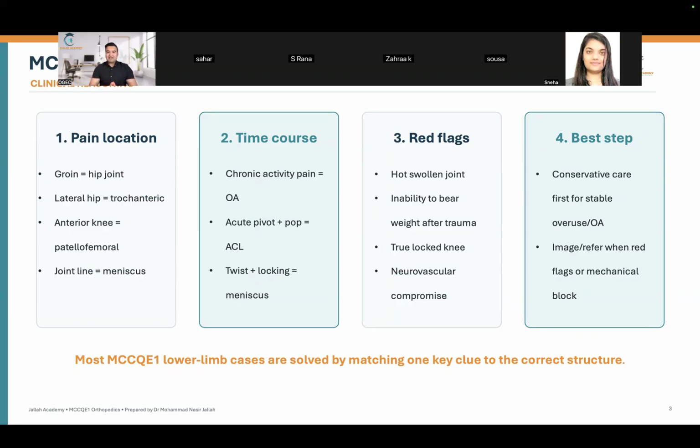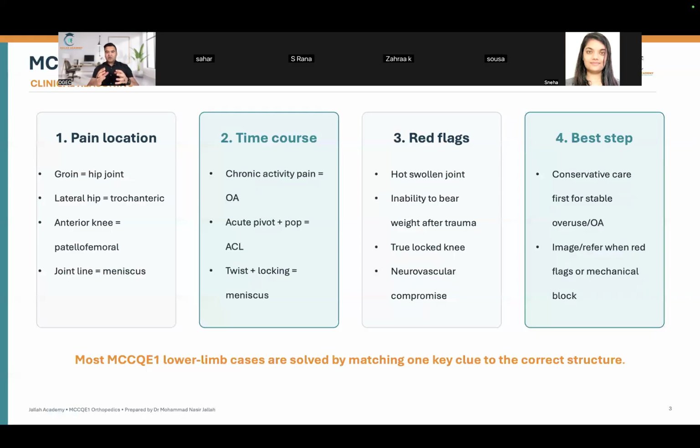But a meniscus tear can happen in the elderly due to degeneration. Especially, it is very strongly associated with osteoarthritis. So please remember that osteoarthritis is very strongly associated with meniscal damage.